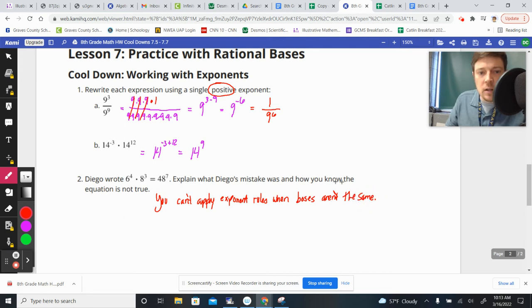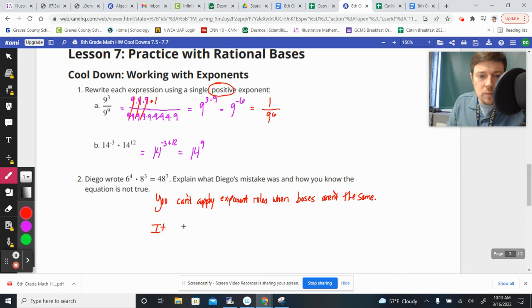And we know that this is not true because he's just multiplying 6 times 8 and adding the exponents. And a lot of people want to do that, but we can't. I mean, we didn't multiply 14 times 14, right? So this is the mistake, and this is how we know it's not true.